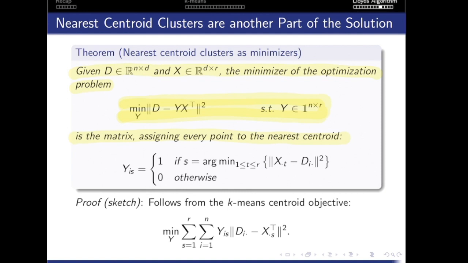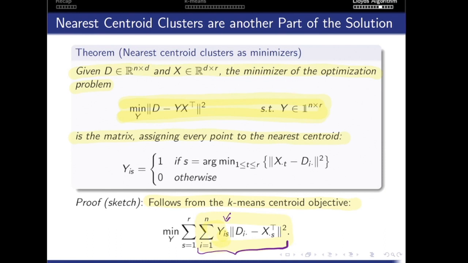Okay, and how can we prove that? Well, it's actually quite straightforward because we had the k-means centroid objective. The k-means centroid objective was this objective which introduced the concept of centroids, and here we just use the formulation of minimizing the distance of all points to their centroid by means of the cluster indicator matrix Y. And then you see that if we want to minimize this sum, then for every index i there is only one index s for which Y_is is equal to 1, and for all others it's equal to 0.